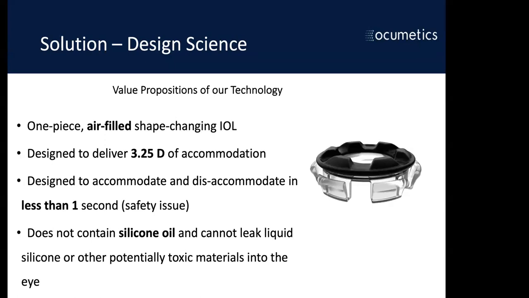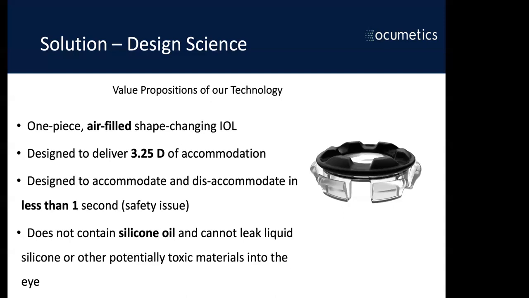The accommodative and non-accommodative or disaccommodative state to change from one to the other is very, very fast. And we feel at Ocumetics that that is a safety issue. The example I'll give you is if you're driving down the road and you're looking in the distance and you need to look at something either on your phone or on your dash, and you want that change to occur very quickly.